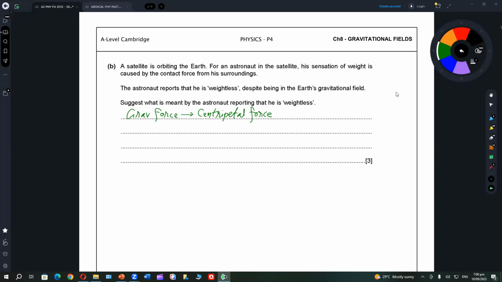So the weight is not felt because gravity is not pulling it. Whatever he is feeling, the sensation, is the difference between the two forces.